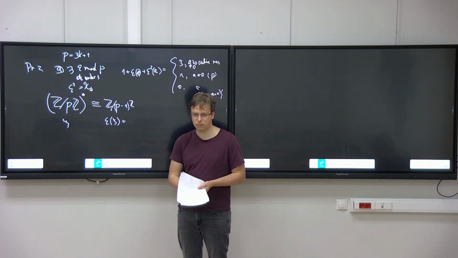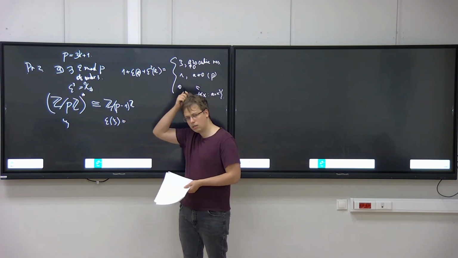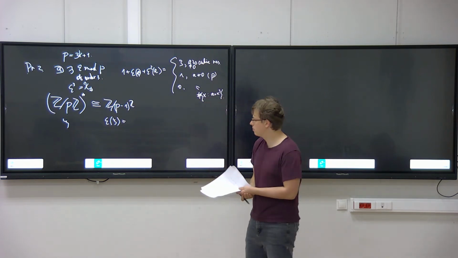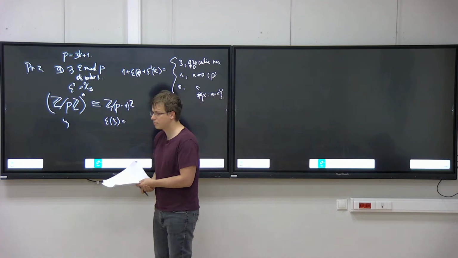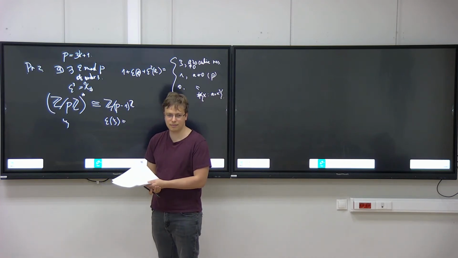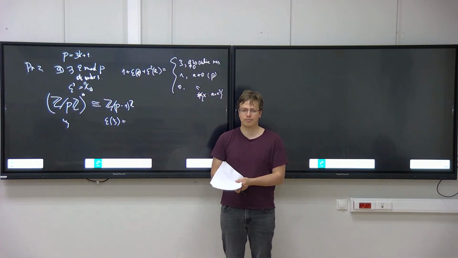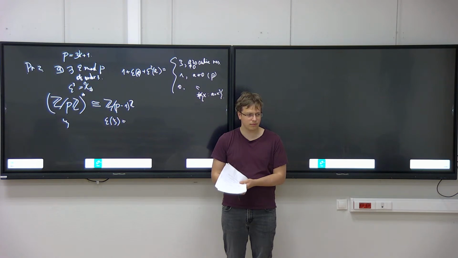So what should be the value of this? I think it's 3. The character value should be a root of unity.